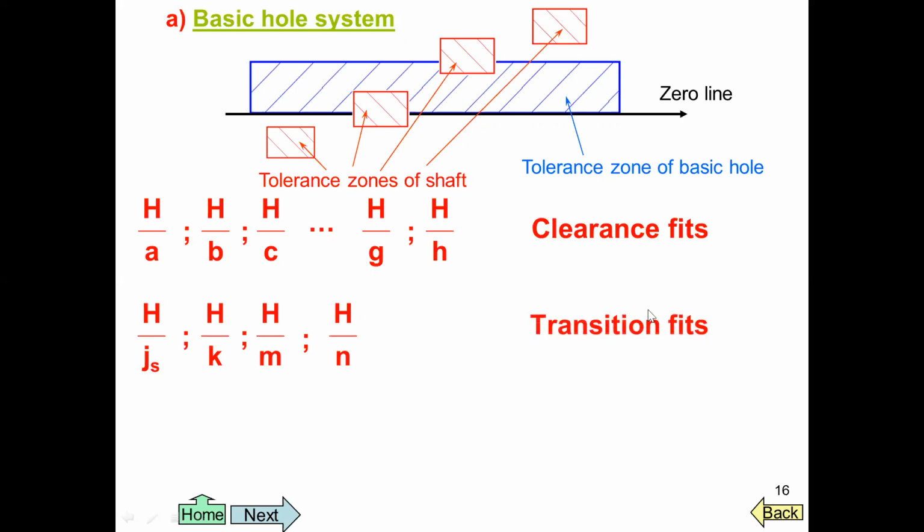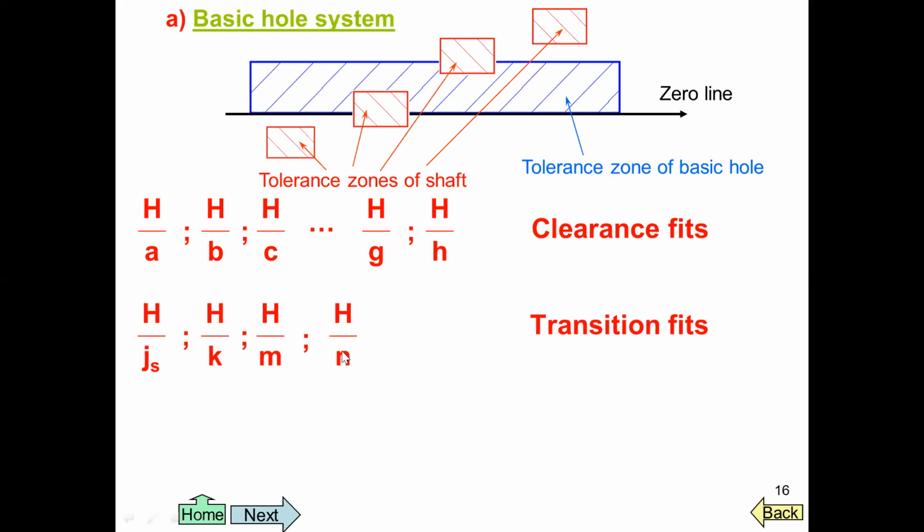Remember that you have 4 transition fits corresponding to 4 fundamental deviations of the shaft: js, k, m, n.